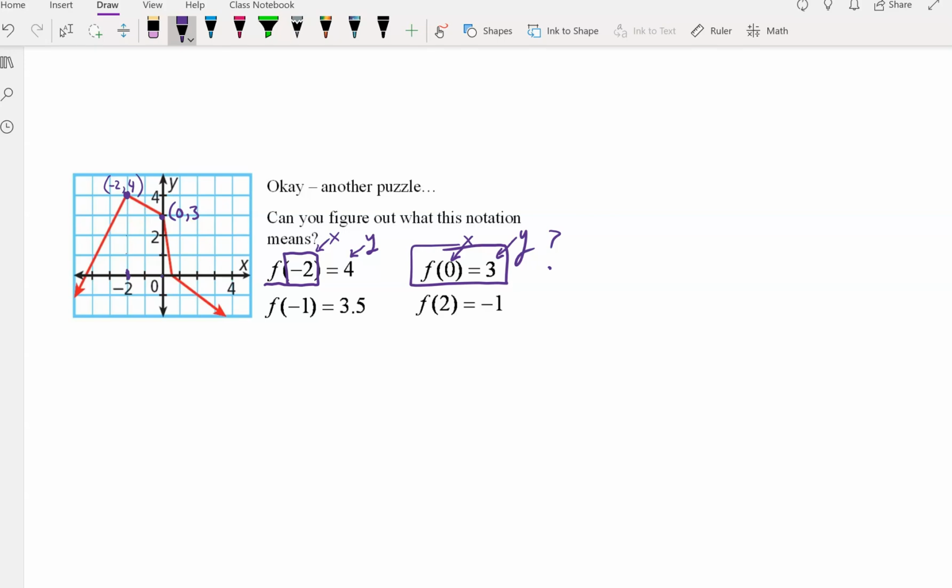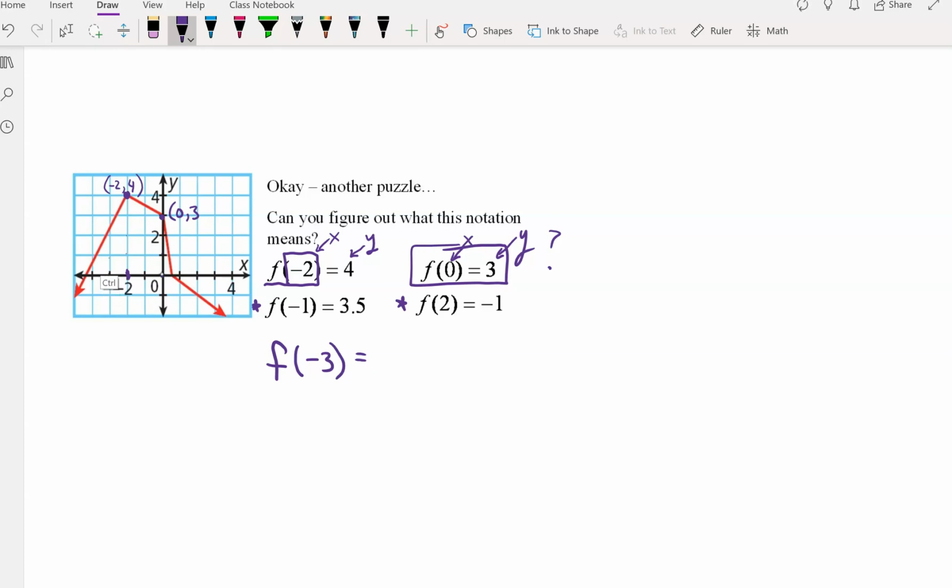So if I asked you to evaluate, for example, let's try one together here. What if I said, what is f of negative 3? This one's not given in our current picture, so let's see if we can figure out what f of negative 3 would be. So we go to negative 3, negative 1, negative 2, negative 3.